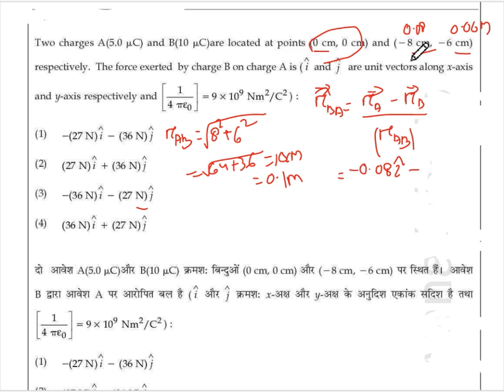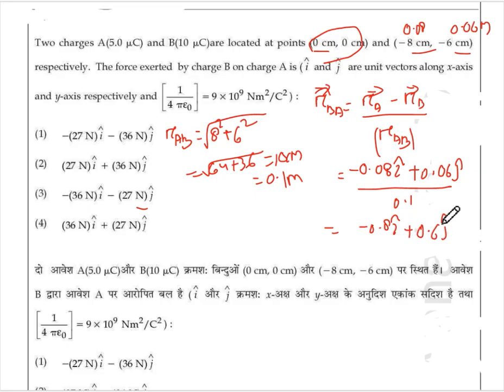It will become minus because it is already minus. So minus plus 0.06 j cap by 0.1. So if I write, it will become minus 0.8 I cap plus 0.6 j cap.